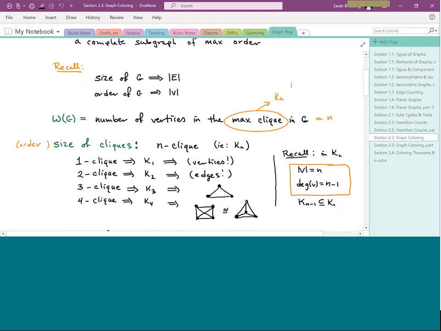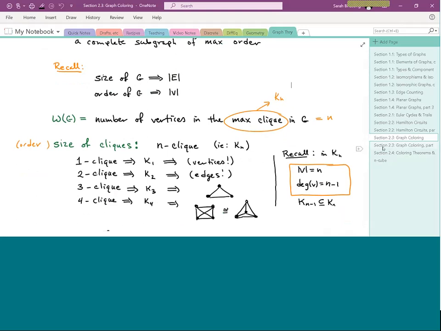So this omega of G would be this number in front of the dash of the largest clique that's in your graph possible. That would be the crash course on omega of G. In other words, it's the order of the maximum clique.